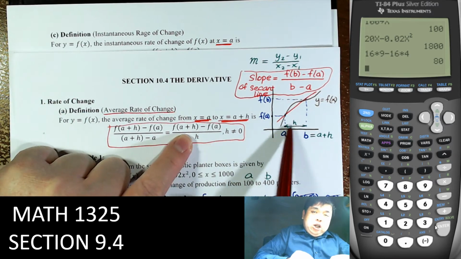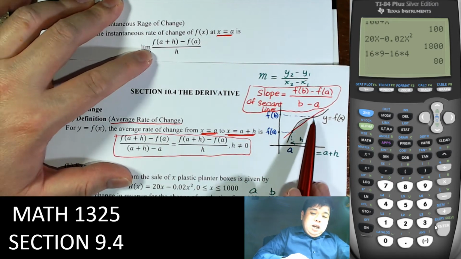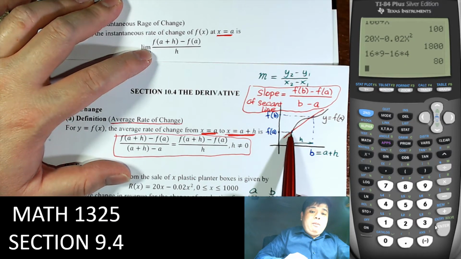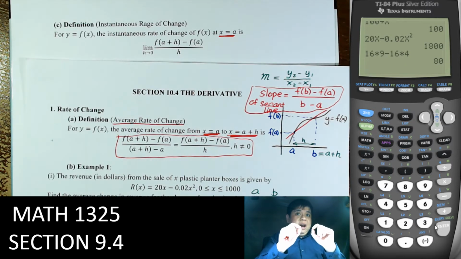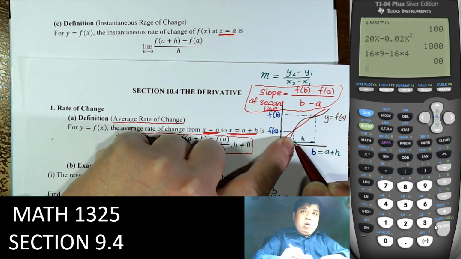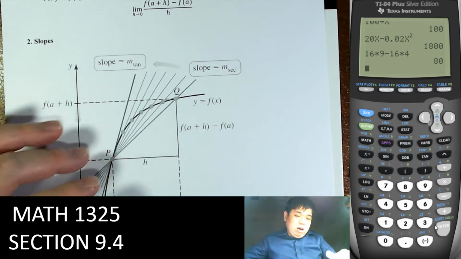And if we let h, the distance between the points, go to 0, essentially we just have a point, right? Essentially we have identical points. If we let this h distance between the 2 points get smaller and smaller, essentially the 2 points will be identical, and that's what we have here.